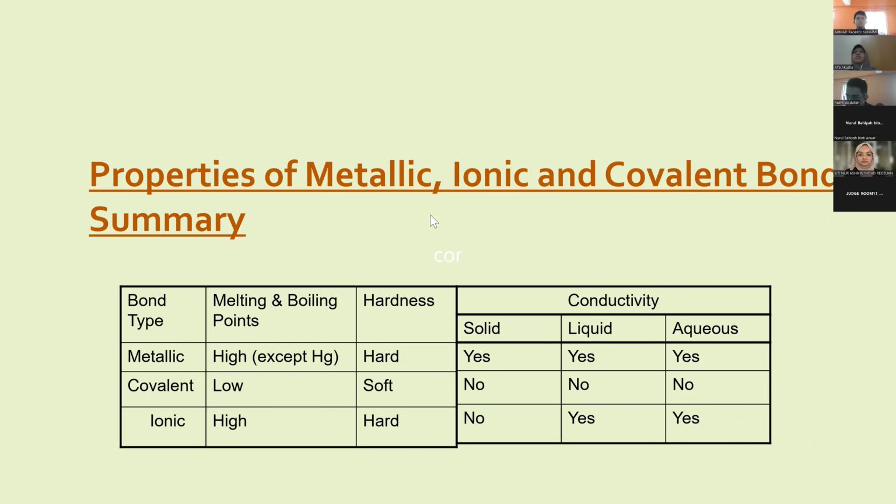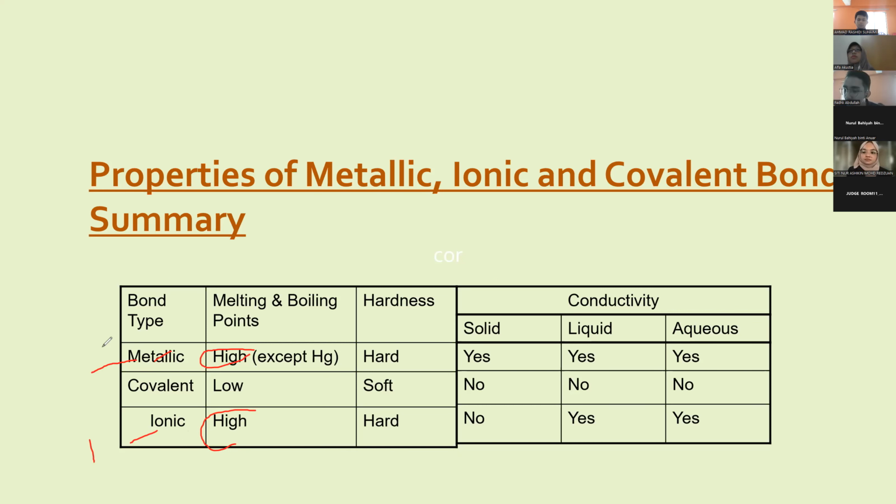As a summary of the properties of metallic, ionic, and covalent bonds. Okay, this is the summary. For metallic, there is a high boiling point. Similar to ionic, high boiling point, but some literature states that ionic is higher than metallic bonding.